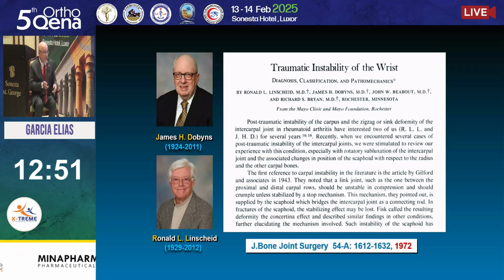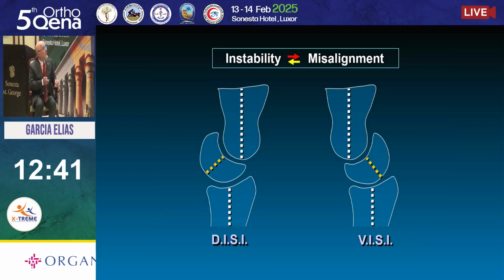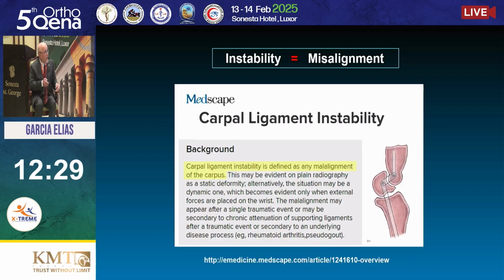And this was clear enough in the original paper by Ron Linscheid and Jim Dobbins. They were saying that something like that is unstable, and it can well be misaligned as well, but not necessarily are the two of them together. Look at that.